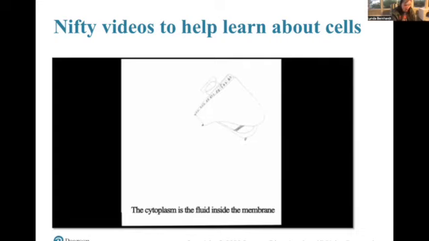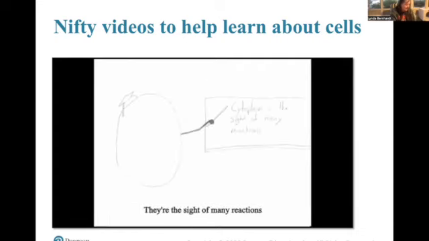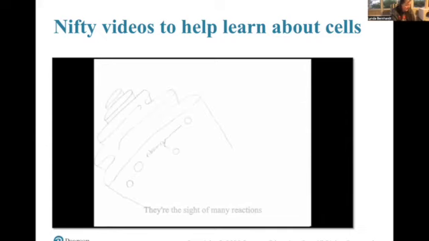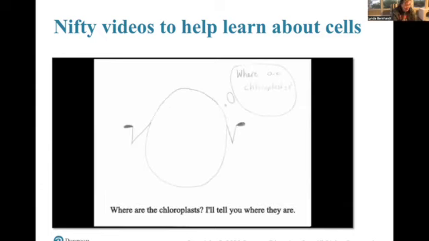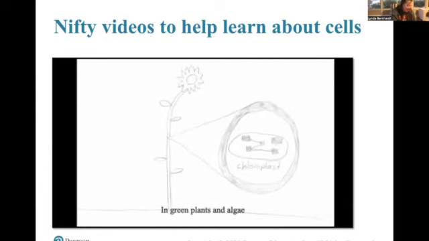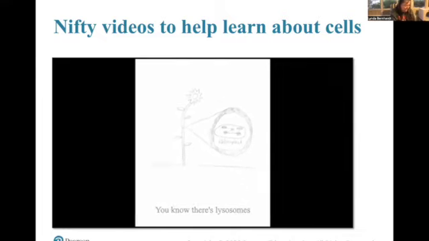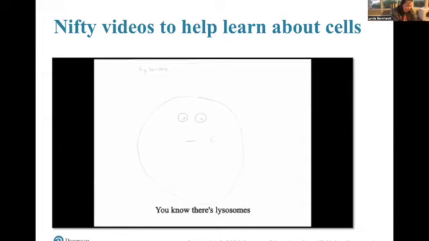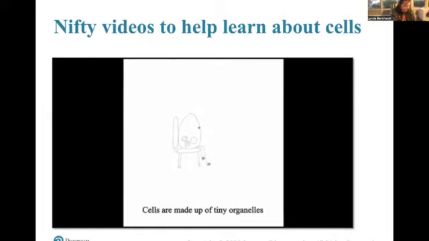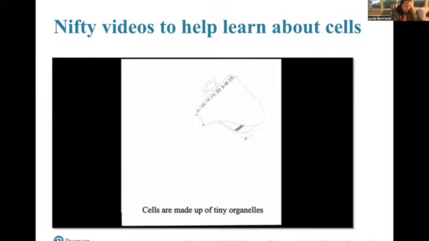The cytoplasm is the fluid inside the membrane, the site of many reactions. You can find ribosomes on the rough ER. Where are the chloroplasts? I'll tell you where they are. In green plants and algae. You know there's lysosomes, which digest and recycle. Cells are made up of tiny organelles.